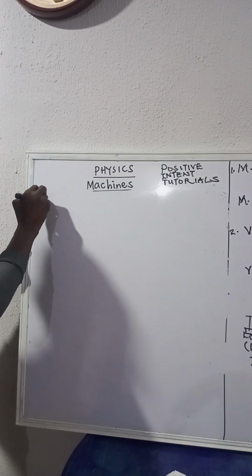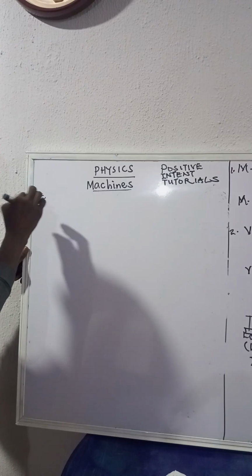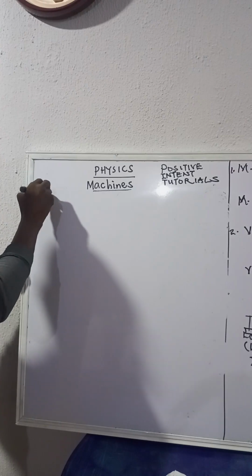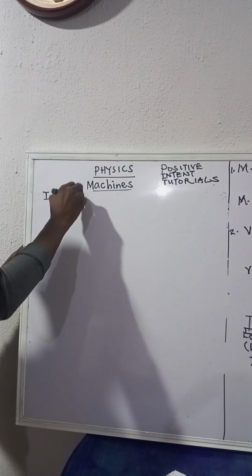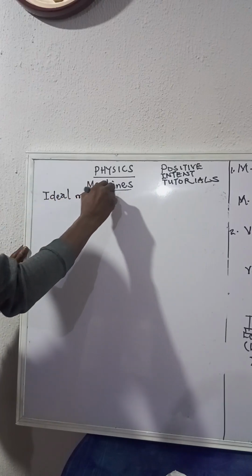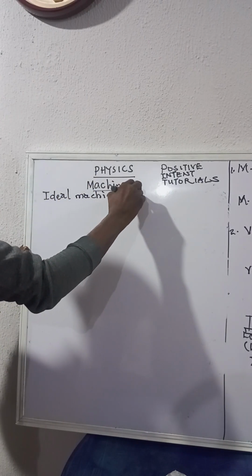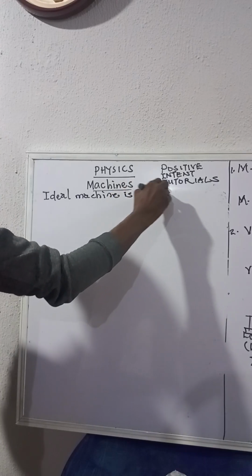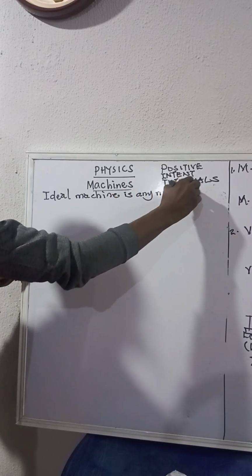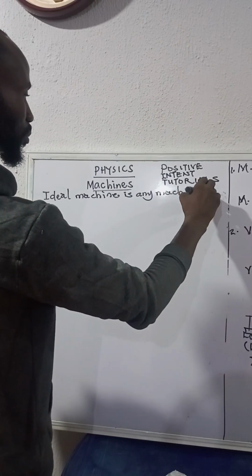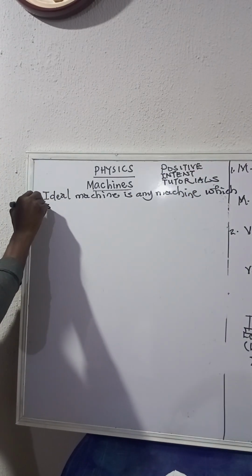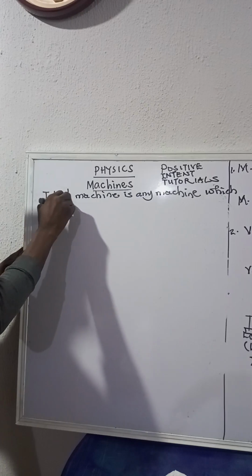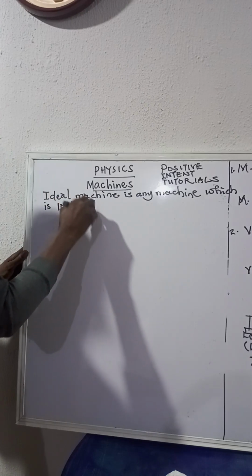So, an ideal machine is any machine which is 100% efficient.